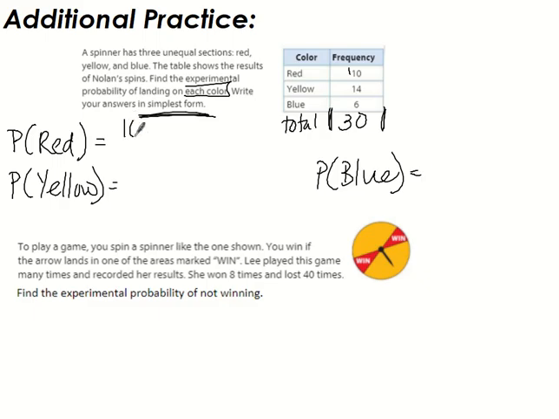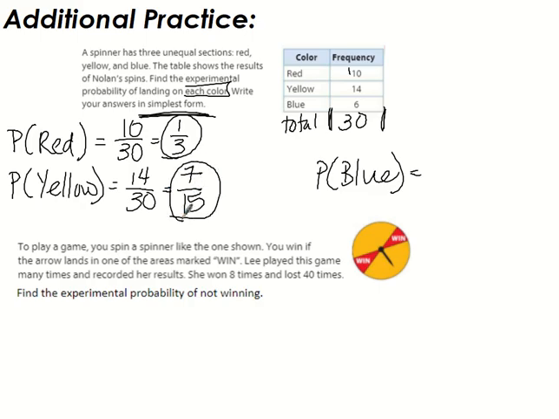So we're going to go 10 out of 30, reduce simplest form, 1/3. 14 out of 30, reduce 7 out of 15. All right, divide by 2. And then blue, 6 out of 30, reduce 1/5. That one's divided by 6.